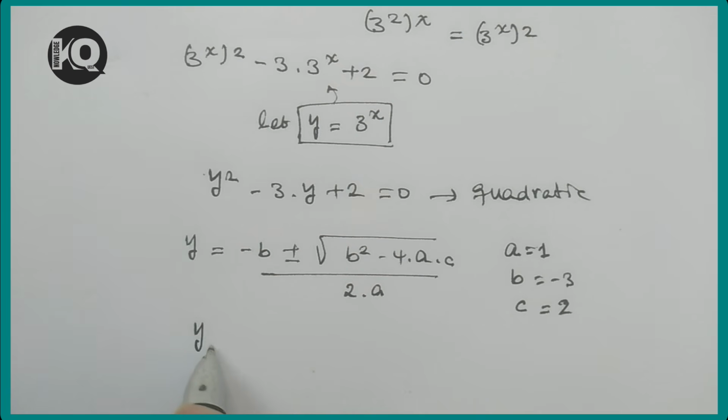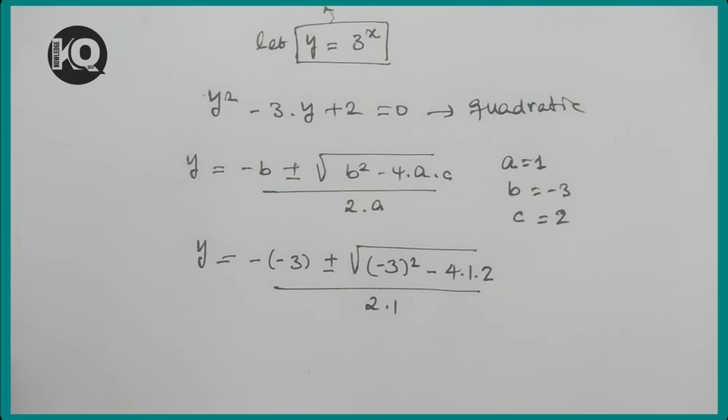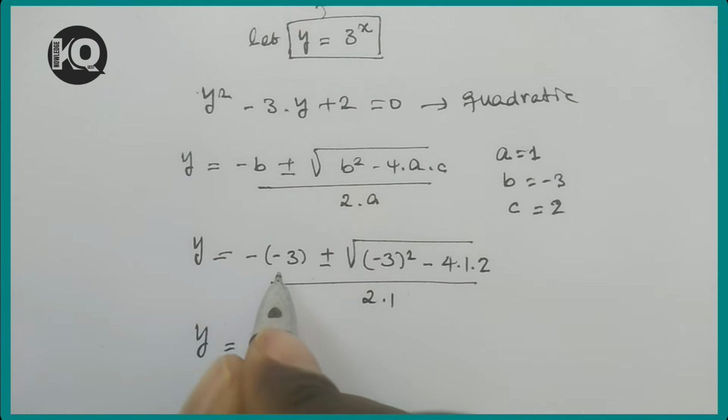So y equals minus of minus 3 plus or minus the square root of (minus 3) squared minus 4 times 1 times 2, divided by 2 times 1. Minus times minus will be plus.